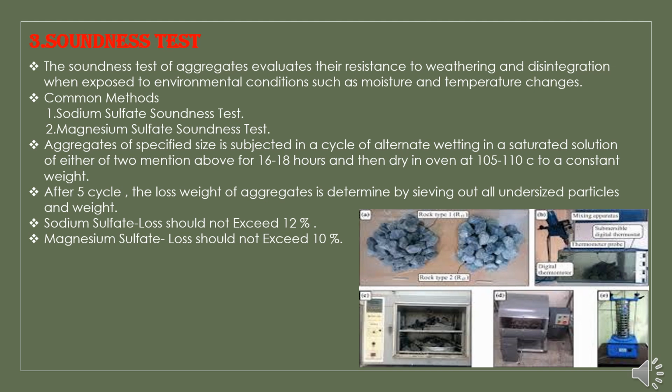After 5 cycles, the loss of the aggregate is determined by sieving out all the undersized particles and weighing. For tests conducted in sodium sulfate solution the loss should not exceed 12%, and for the solution of magnesium sulfate the loss should not exceed 10%.